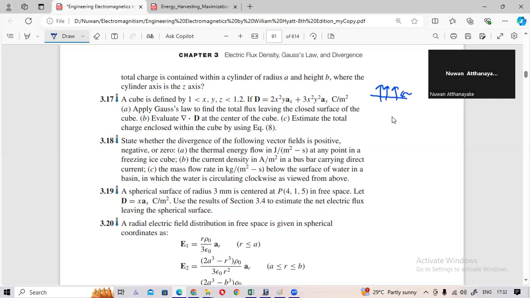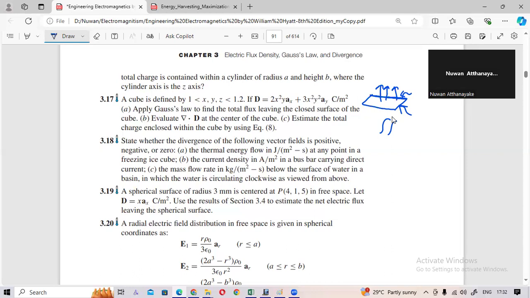So you need to get the perpendicular surface, then you need to do the surface integration.